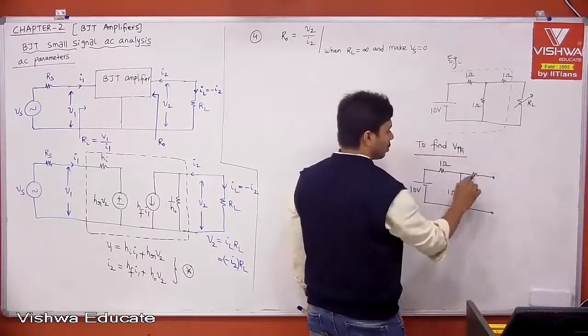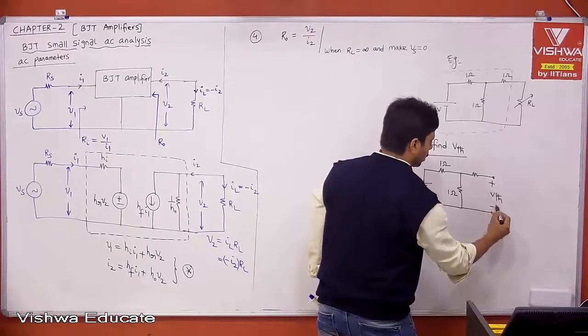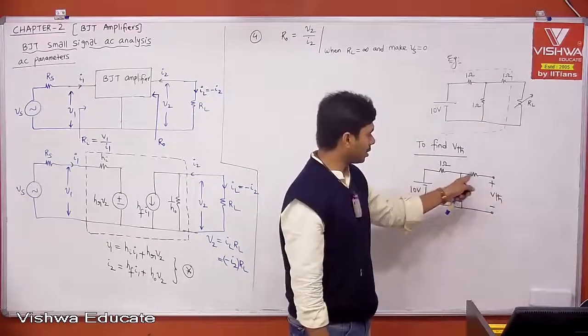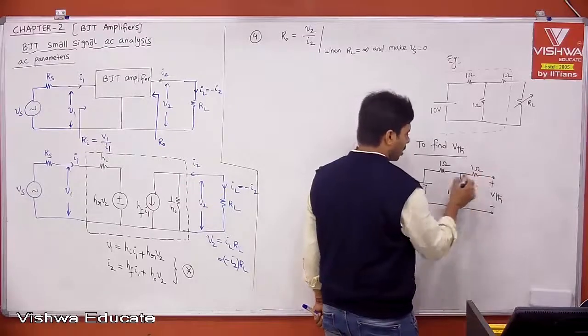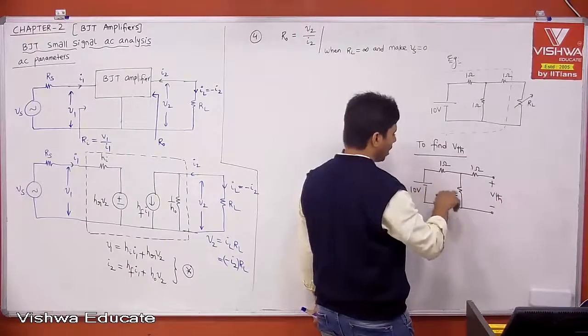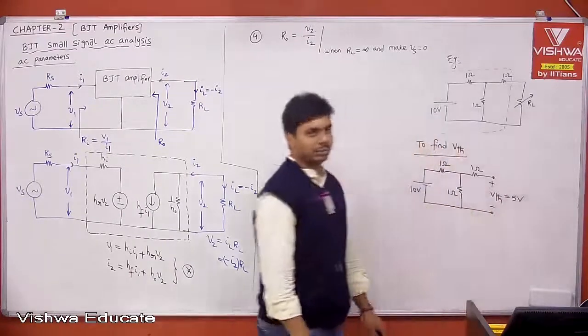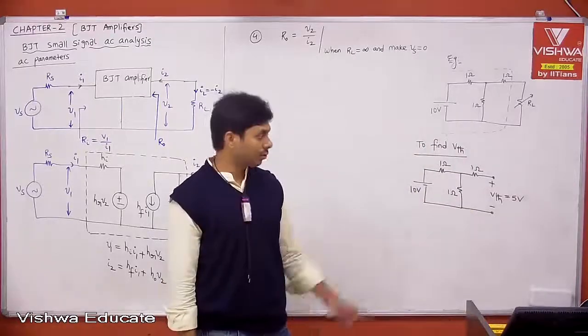If it is open, no current flows through it, so whatever voltage you have across the 1 ohm is our VThevenin. Out of 10, 5 here, 5 here. Therefore VThevenin is 5 volt. Everybody understood? Fine.